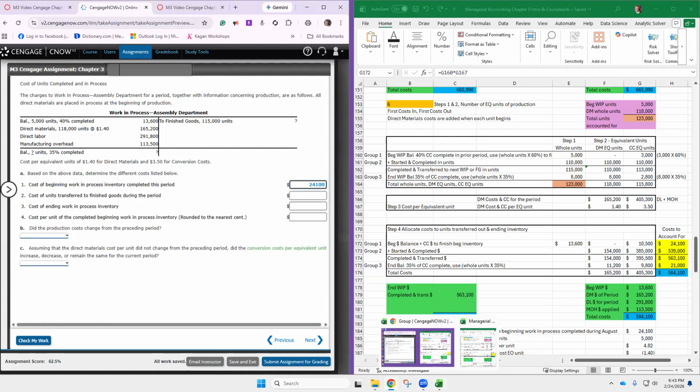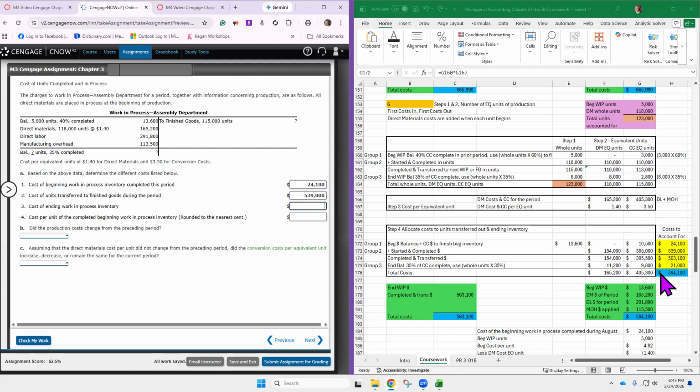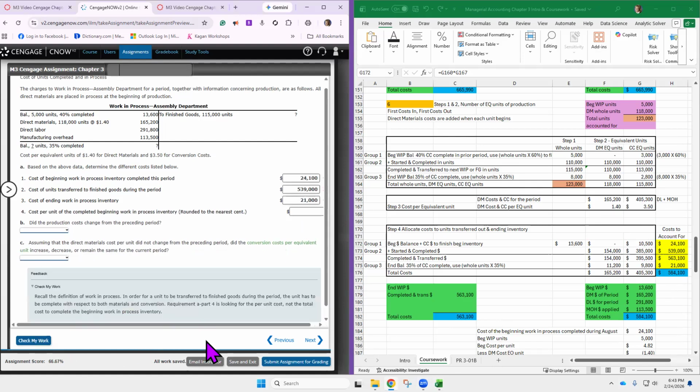Then the total cost for our started and completed is 539,000. And our cost of ending work in process, which is your 2,800 units, is 21,000. Let's check our work on that. I think we're good.